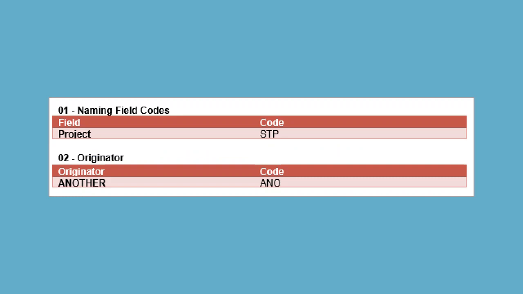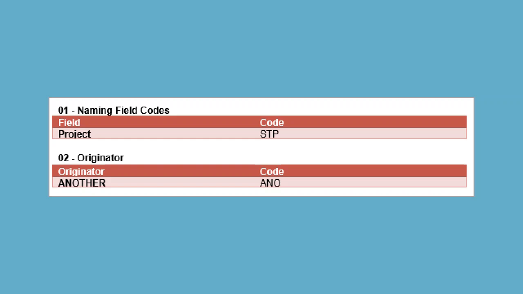The project field is a 3 or 4 character field that comprises letters or numbers. I try to keep things to 3. So on this one, for a project that we've called St Paul's Way, we've used STP. The originator, again, a 3 character code.